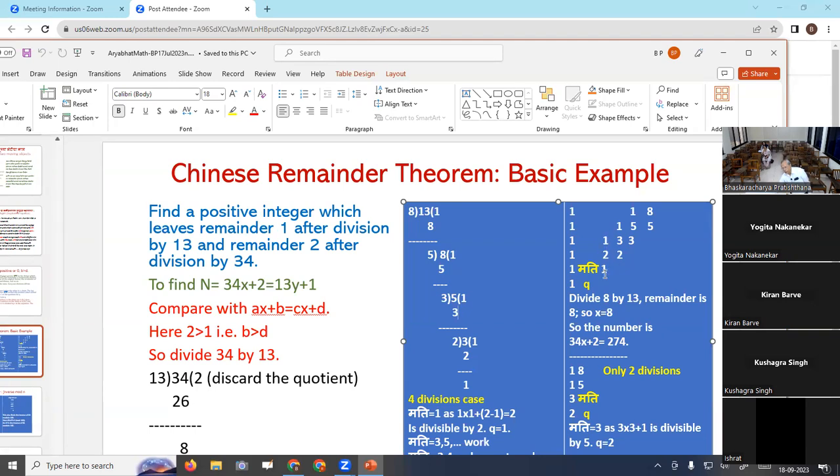For the new triple, again, you should use the same rule, A into B plus C. So 1 into 2 is 2, 2 plus 1 is 3. So we are getting the number 3 here. Now this 3 and this 2 as it is, so these two numbers we have got. The third number you should not consider. You can wipe it out if you like.